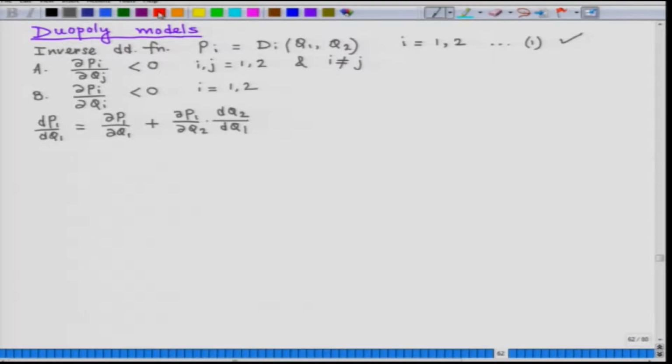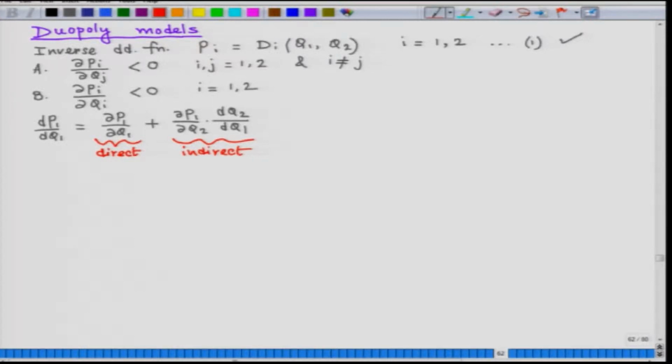Now let us look at these two components, right. This is basically my direct impact which is coming from the ceteris paribus demand function, and this is basically my indirect impact. Okay. This indirect impact is basically coming from the strategic interdependence between these two firms.